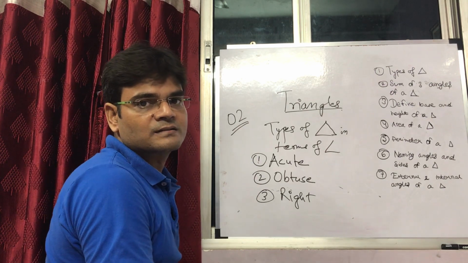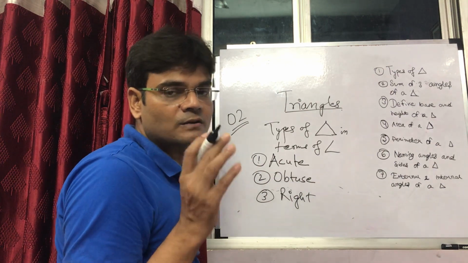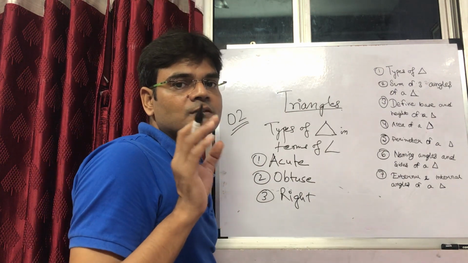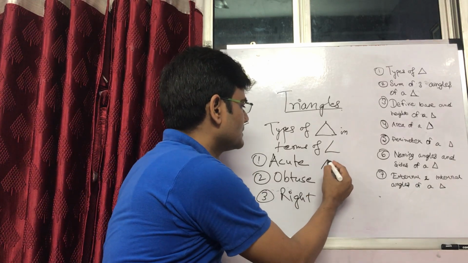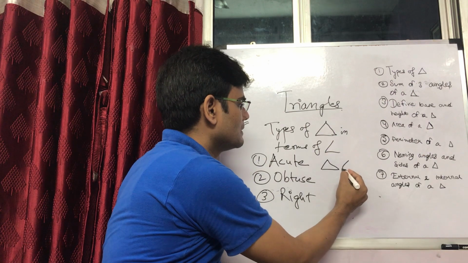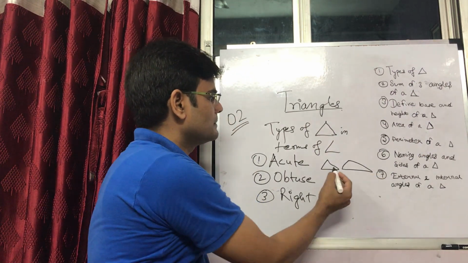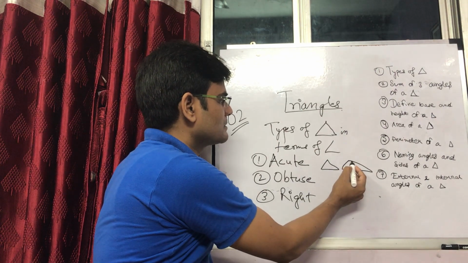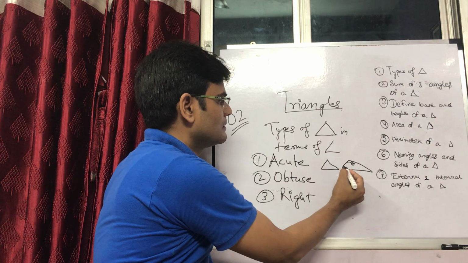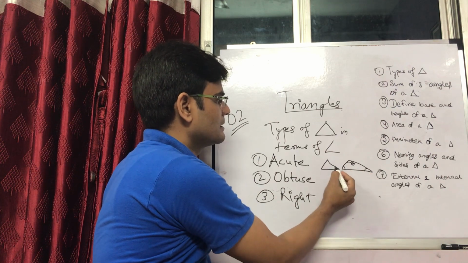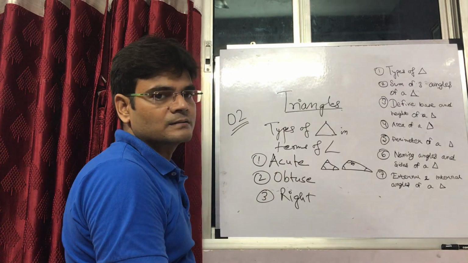When none of the angles cross 90 degrees. All three angles of the triangle are less than 90 degrees. So it is something like this, or this. This one looks like a little more than 90, say 89. This is 90, less than 90, less than 90, less than 90. These types of triangle are known as acute angle triangles.